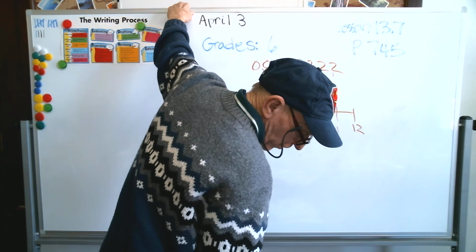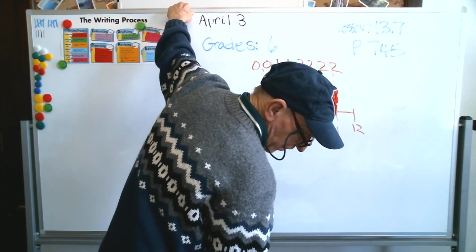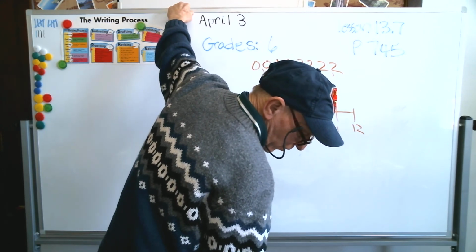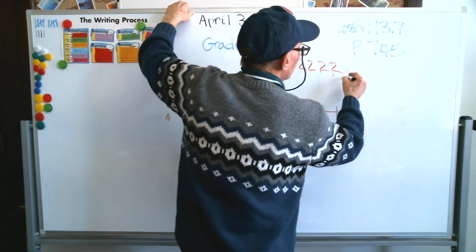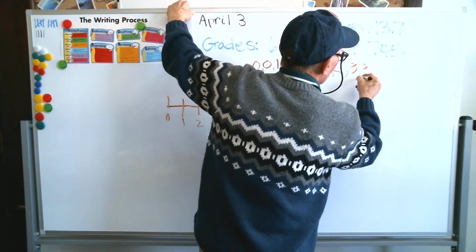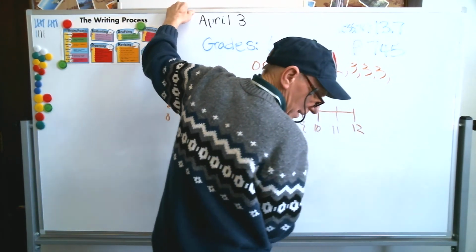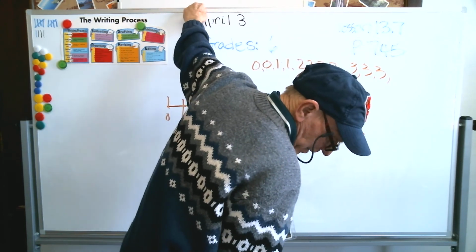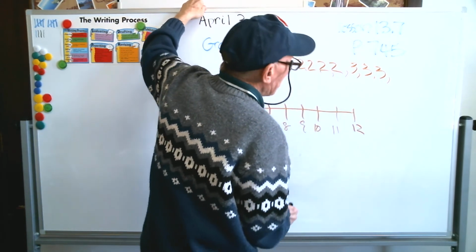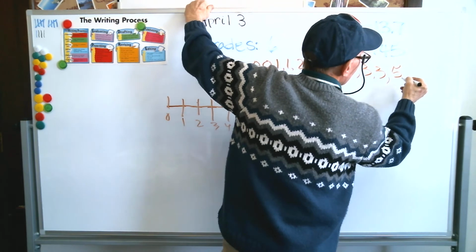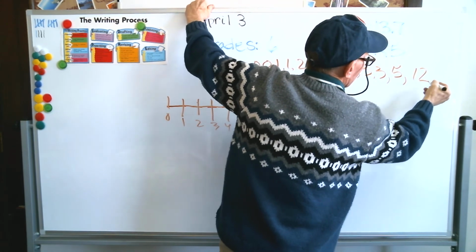Four 2s, and 3 3s, and the next number is a 5, and then a 12.